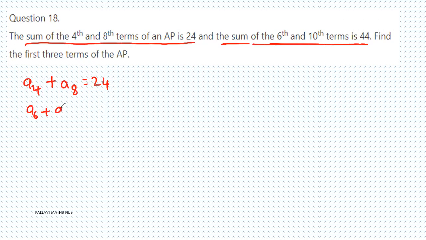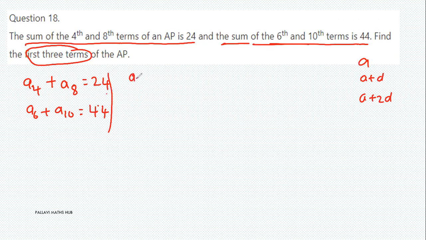A6 plus A10 is equal to 44. What is the question? You need to find out the first 3 terms of the AP. First 3 terms of the AP means A, A plus D, A plus 2D. Yes, you need to find out the value of A as well as D. This is the given thing.